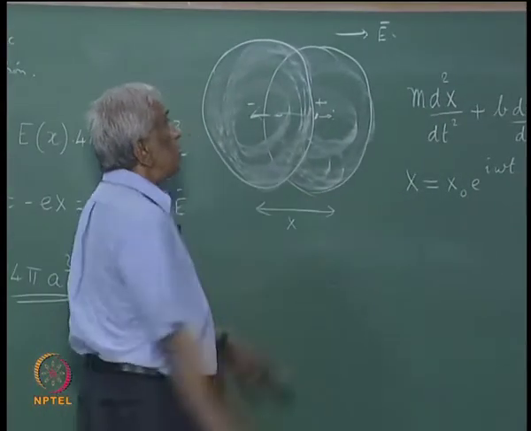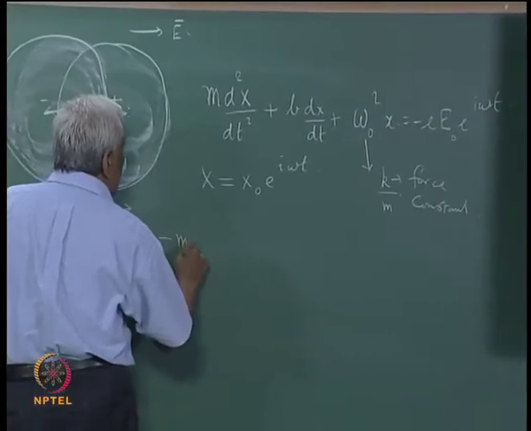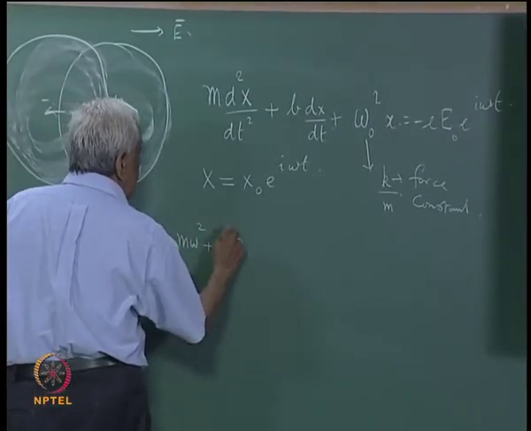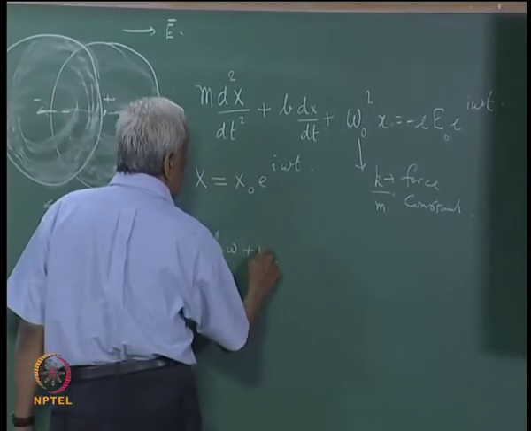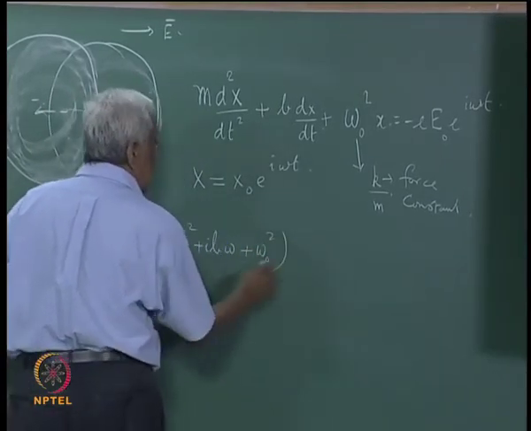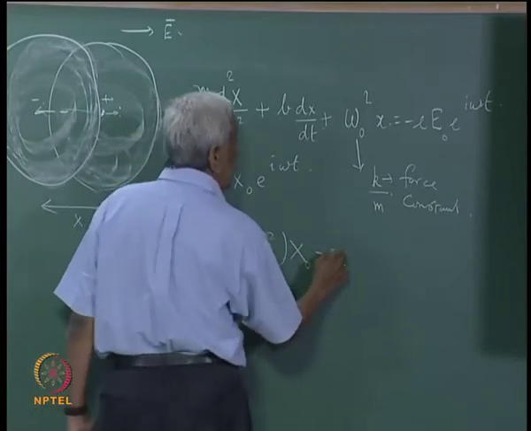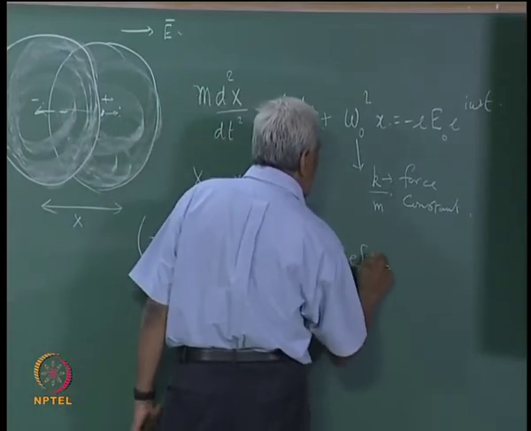So, using this we can immediately write m omega square plus b omega i plus omega naught square times x naught equal to minus e naught.